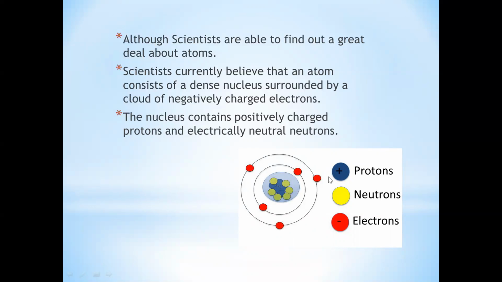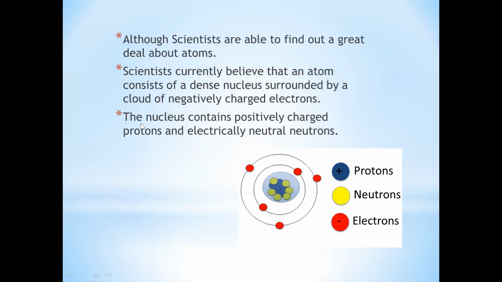So let's look over here. Protons are positively charged particles. Electrons are negatively charged particles, while protons are the positively charged particles, and the neutrons, which are also present inside the nucleus, have no charge. They are neutral.